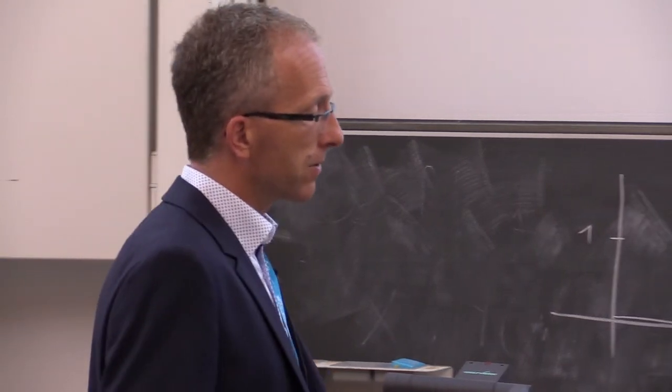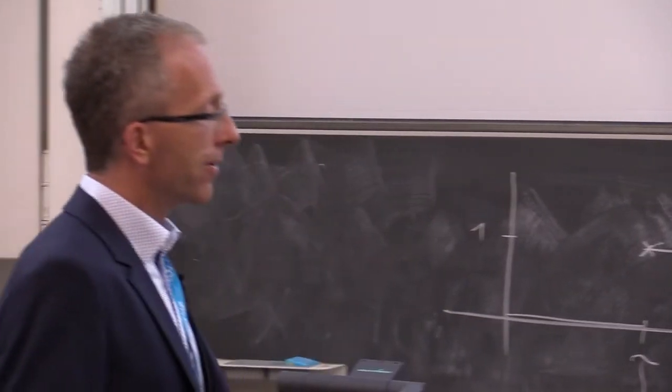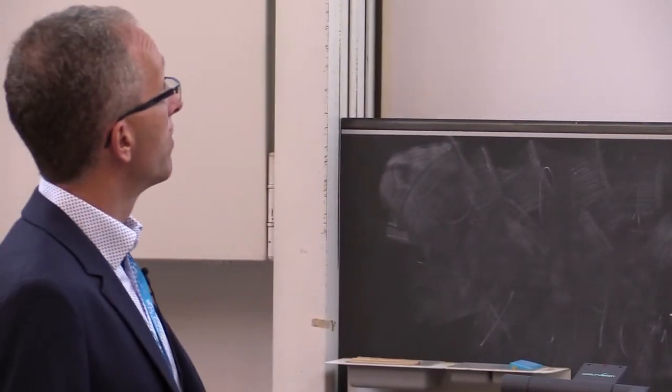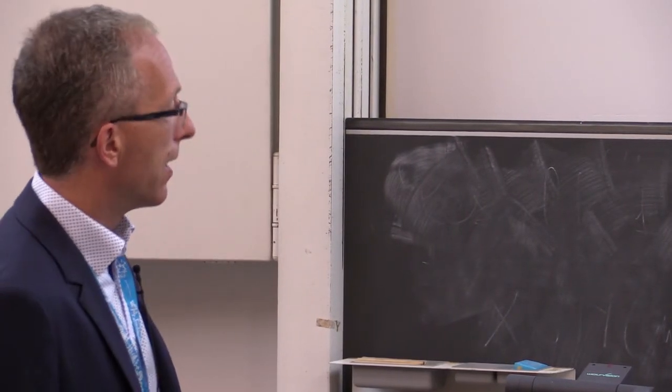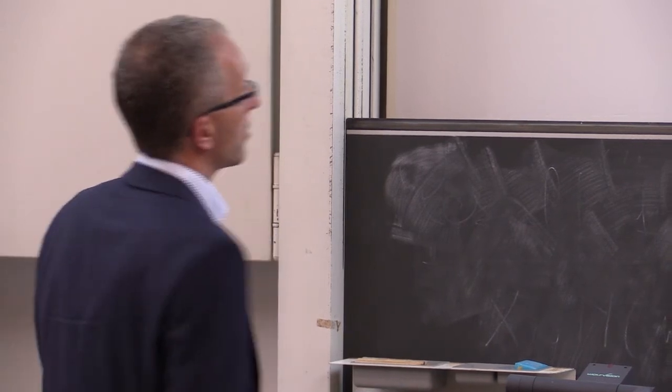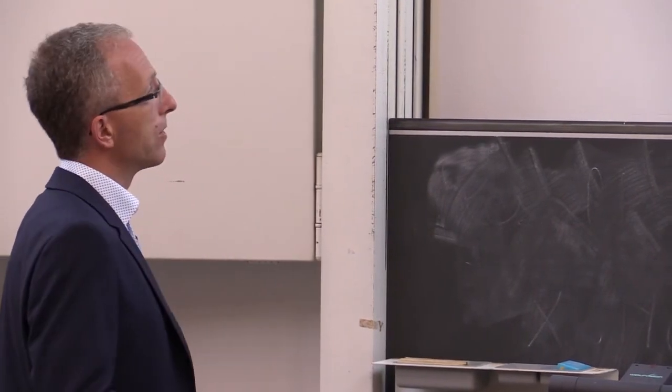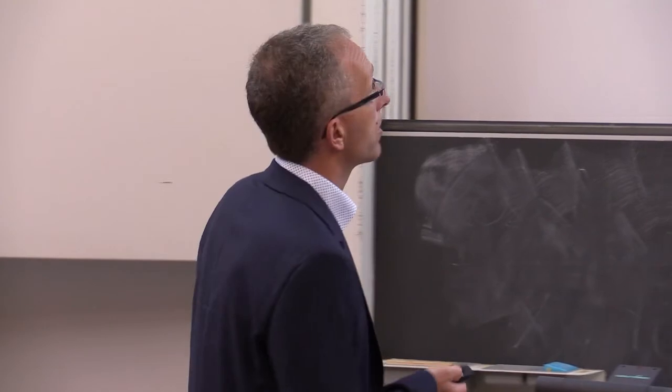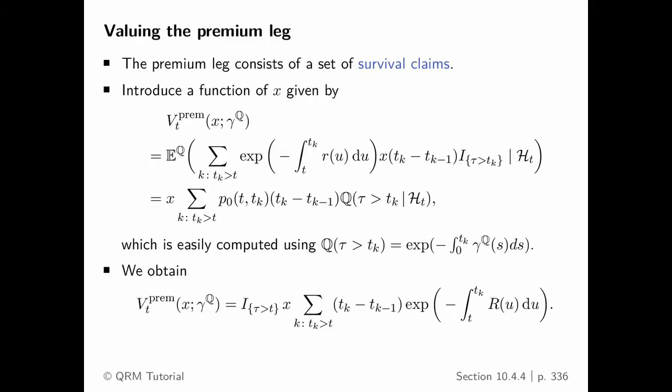In reality, the size of the default payment is linked to the recovery rate of bonds, but we assume for simplicity that it's constant. In some contracts, there are also so-called accrued payments, but we ignore them because they are not so important. Good, we can now price these two things. The premium leg is nothing else but a portfolio of survival claims.